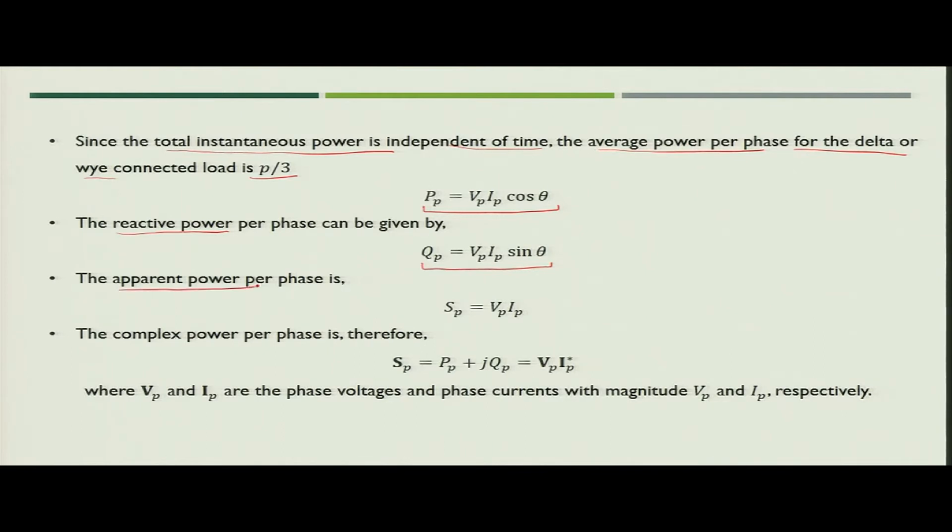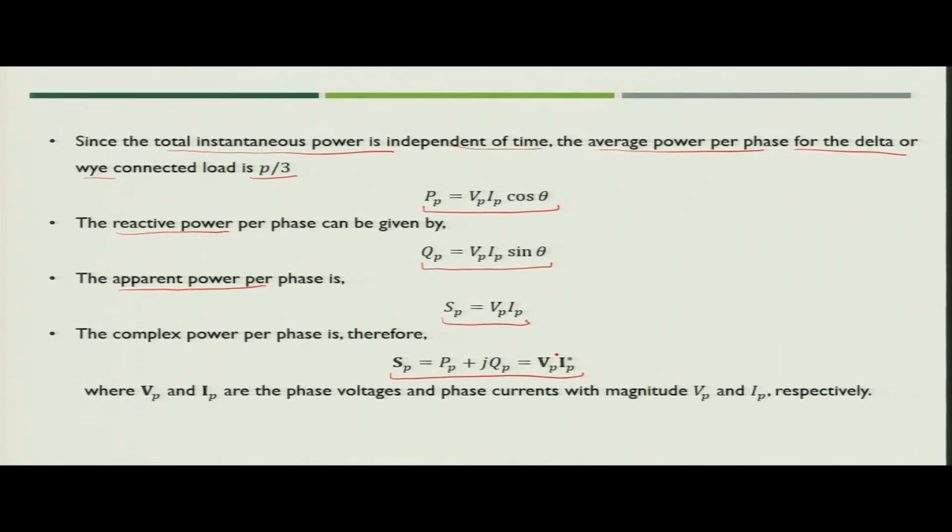Therefore, you can write apparent power S_P is equal to V_P into I_P, and the complex power which includes real and reactive both components, we will write S_P is nothing but P_P plus j Q_P, which is nothing but V_P into I_P conjugate.